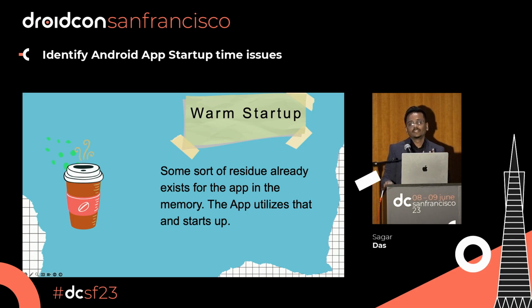And a second example would be, if you're using a very low-end device and the operating system decides to kill your app due to lacking resources in memory, and then at a future point, a user decides to relaunch your app. In that case as well, the operating system would have some sort of process residue or remnant residing in the memory, which can be leveraged for the warm launch.